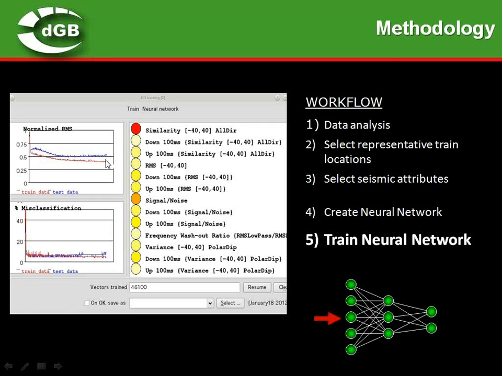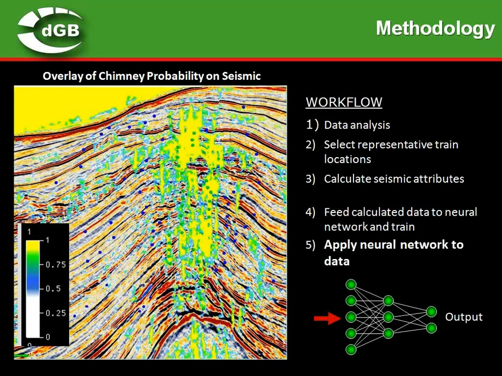When you begin to get that separation, it means you've overtrained and you want to stop. Once you've done this, if you have any results that don't look good, you can add new test sets.